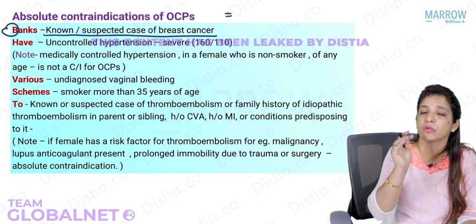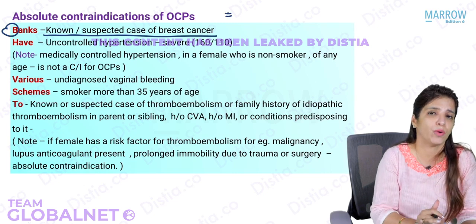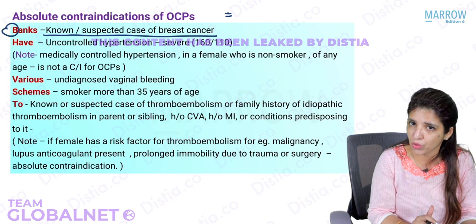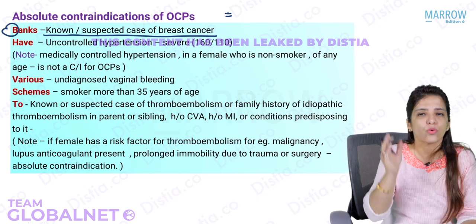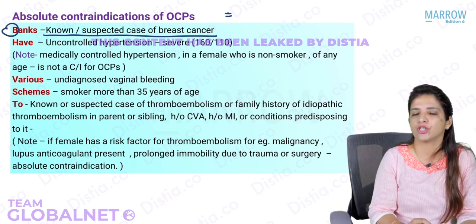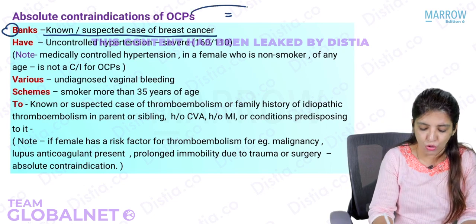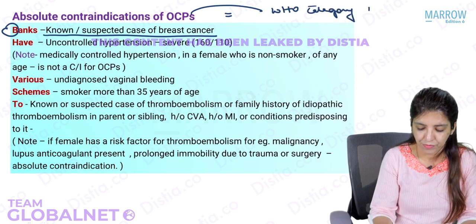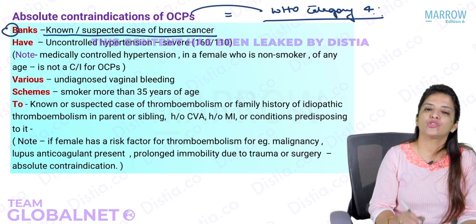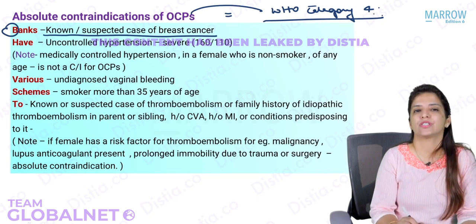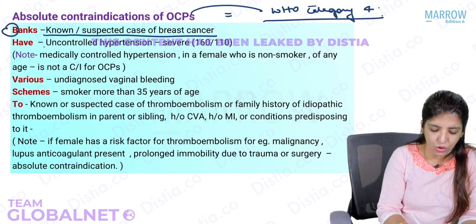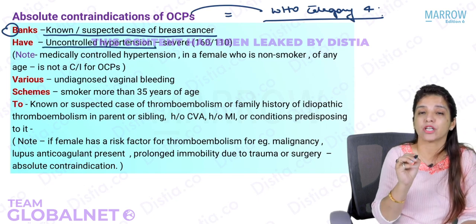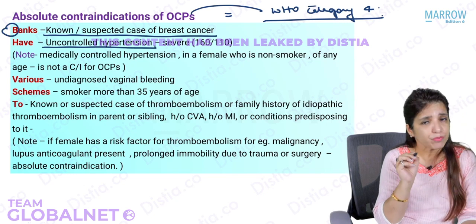Please remember, this is the most important topic from where questions are asked on pills. They will try to confuse you in many ways. So each and every word which I have written for absolute contraindications, which are also WHO category 4 contraindications, is very important. Then H stands for uncontrolled hypertension. Please pay attention to this word uncontrolled.